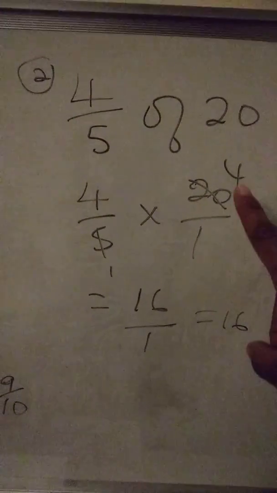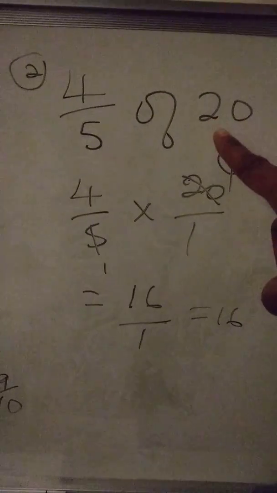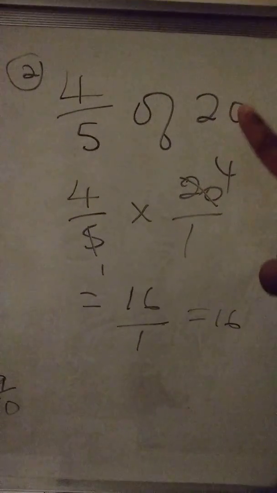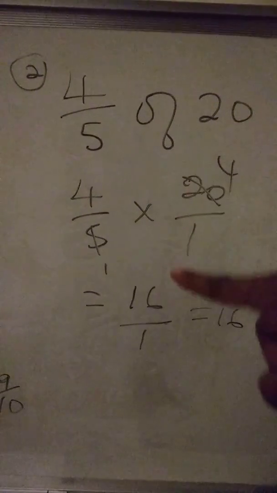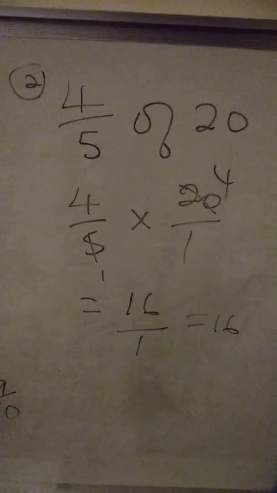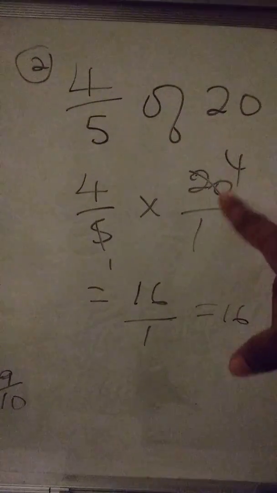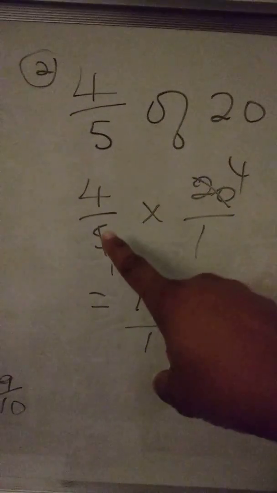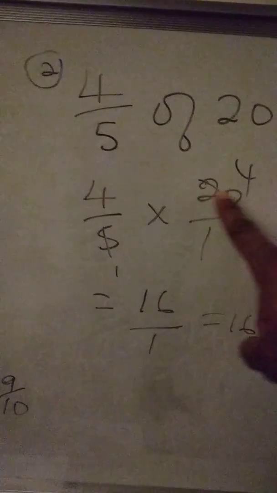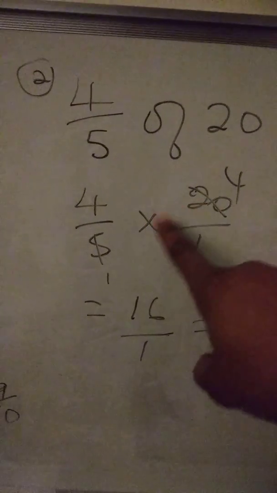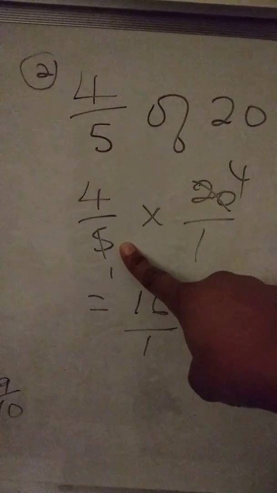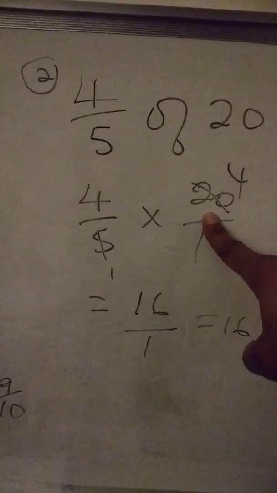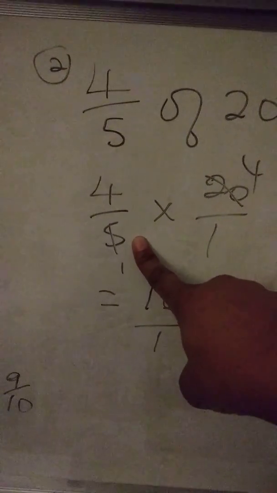So another way of writing 20, which is a whole number, you can also write it as 20 over 1. It means the same thing. So it's 4/5 times 20 over 1. And so 5 and 20: 5 is a factor of 20, and also 5 is a factor of itself.